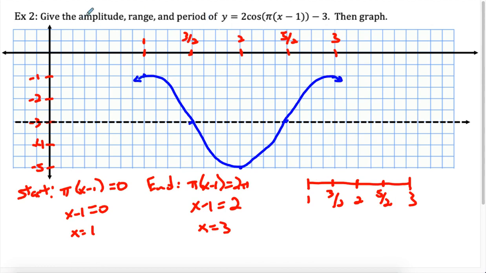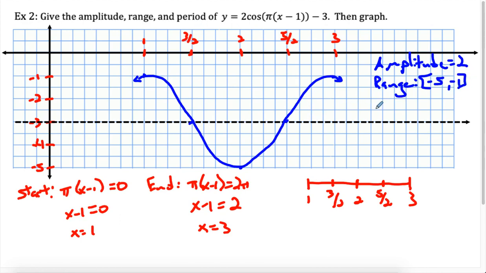All right, then we do still want to give the amplitude, range, and period. So the amplitude is 2, the distance from the midline to the min and the max. The range, remember that's all the y values. So I'm going from -5 up to -1 for my range.